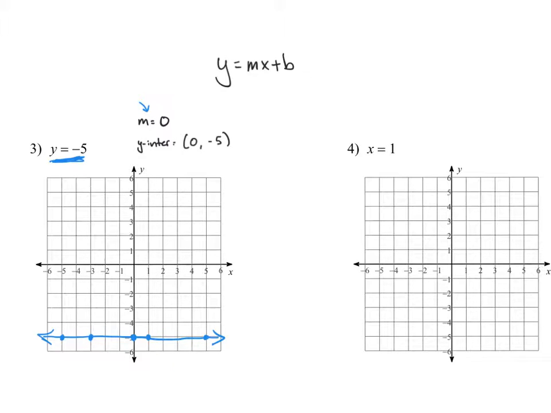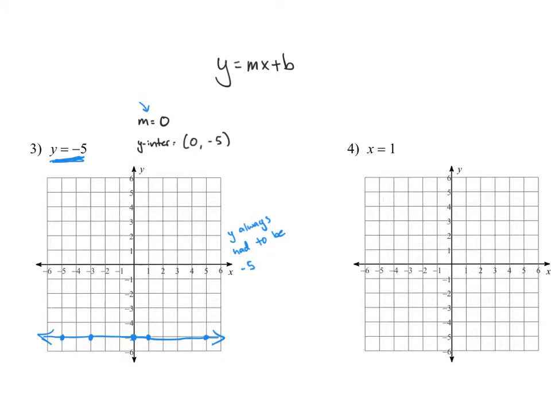Now our last example is this one over here. x is equal to 1. Same logic as y is equal to negative 5. Okay, in number 3, y always had to be negative 5. There can't be a single point where the y value is not negative 5.